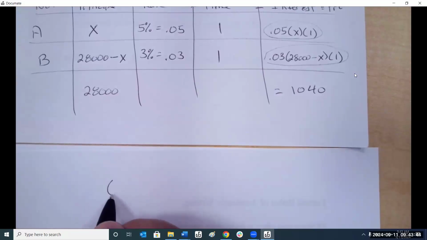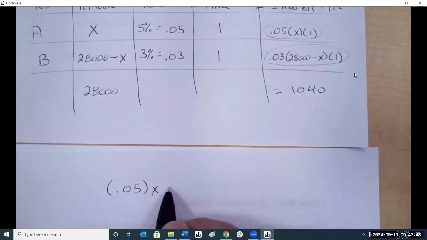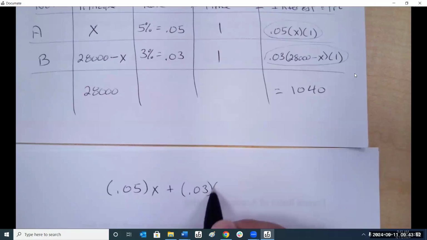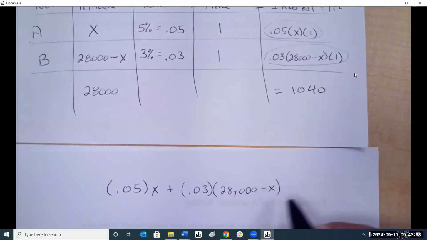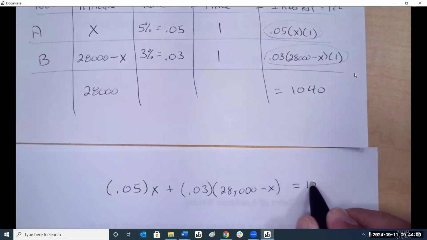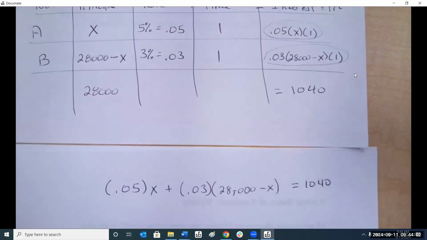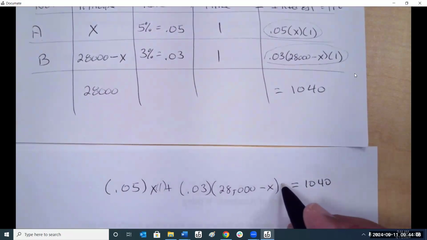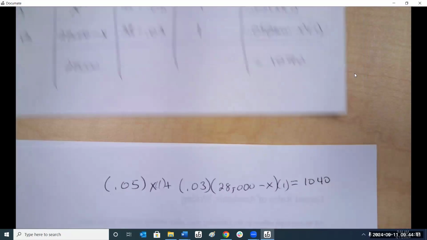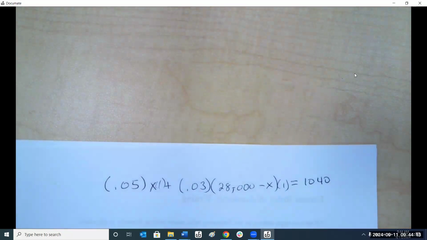So we have 0.05 times X plus 0.03 times 28,000 minus X has to equal 1040. I left off the time because it was 1 year. Anything times 1 is itself.